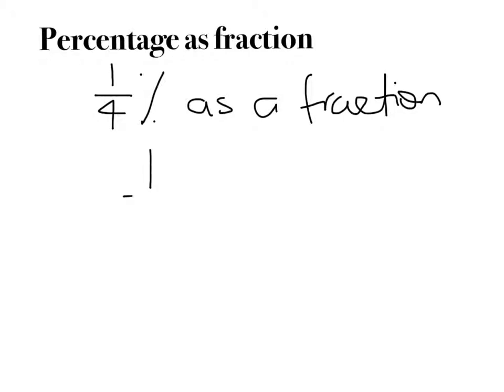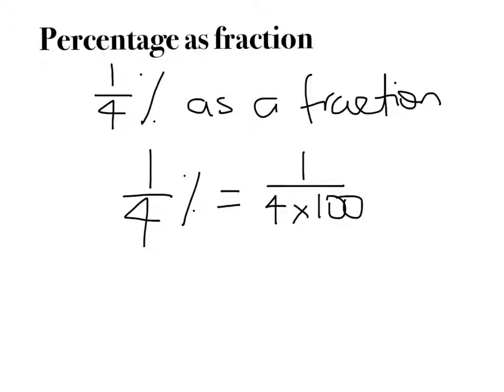So how we do that is we write 1, and then we multiply our denominator by 100. So my answer becomes 1 over 400. When you get that as a fraction, always make sure you multiply your denominator by 100. If you do, you will be able to work out your answer.